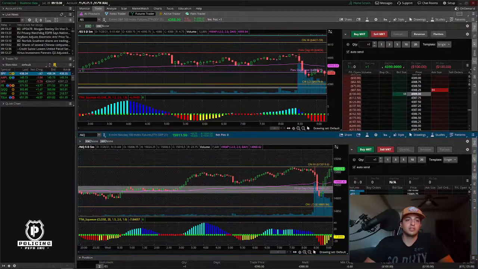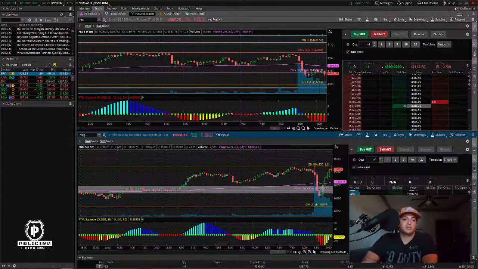NASDAQ looks like it wants to push even above that. It's rejecting it. You got a doji there, but hope maybe it wants to push it back above. There's a lot of buying and selling right there at that level.